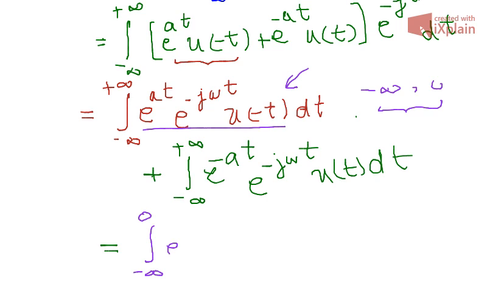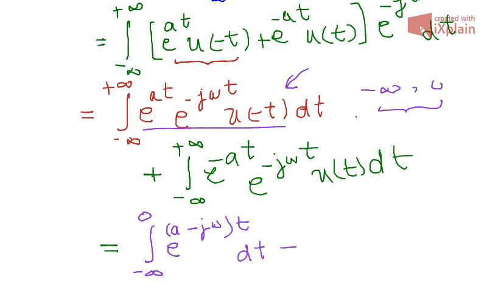So let me write it jointly now: e raised to the power a minus j omega t, dt. This is the first integral now.